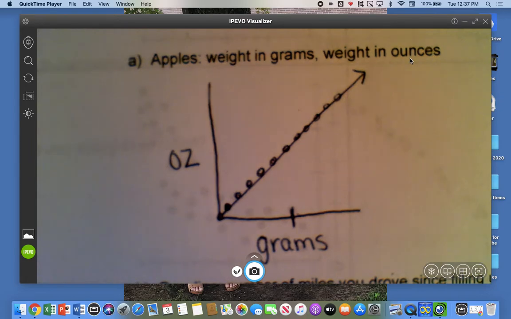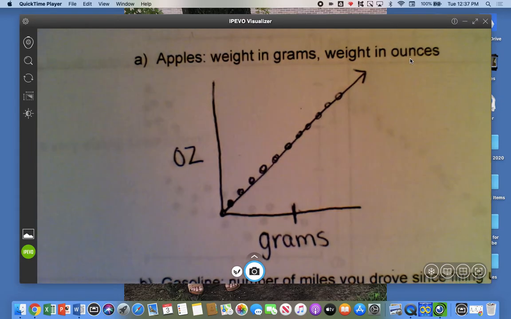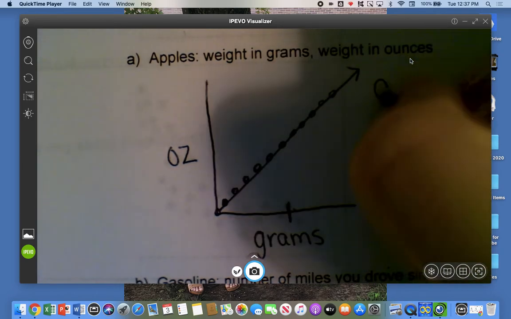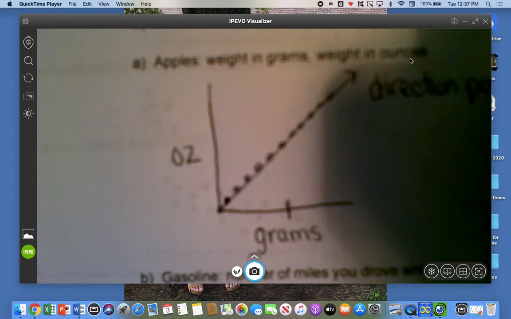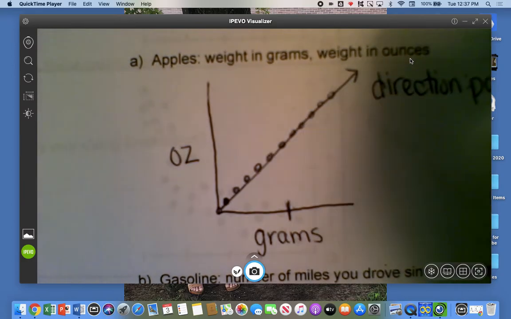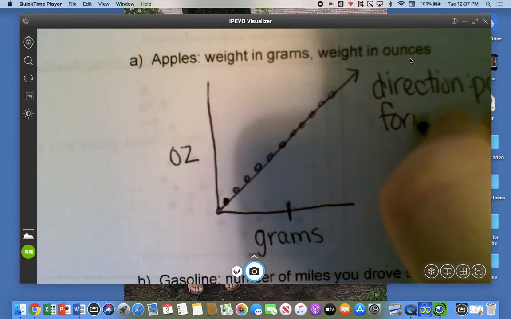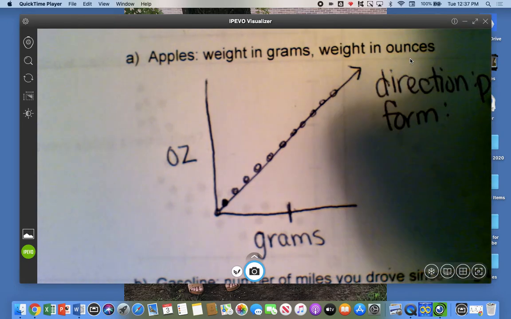So what would the direction be here? Positive, negative? The direction is positive. What would you say about the form? Is this linear or not linear? Definitely linear.